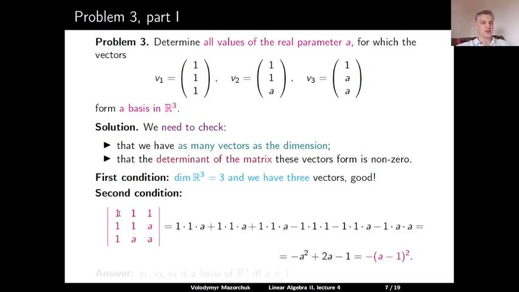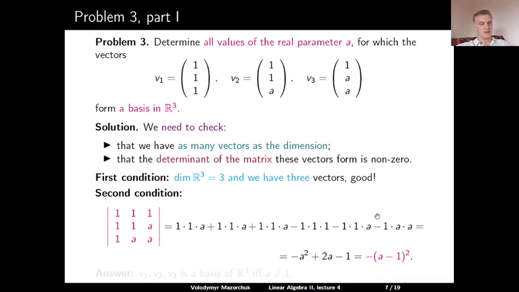So we compute the determinant of the matrix where the first column is (1, 1, 1), the second column is (1, 1, a), and the third column is (1, a, a). So these are our vectors written as columns into a matrix. So this determinant is equal to 1 times 1 times a, plus 1 times 1 times a, plus 1 times 1 times a, minus 1 times 1 times 1, minus 1 times 1 times a, minus 1 times a times a.